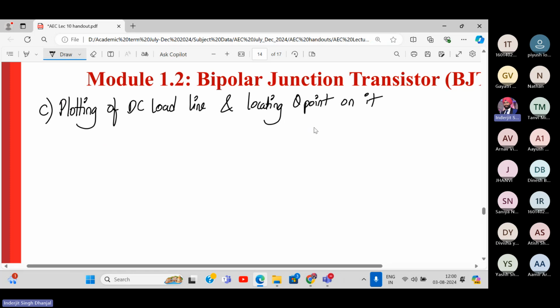Now, let me prepare my x-axis and y-axis. This is IC, this is VCE. So this quantity is associated with y, this is x. That much you can know.